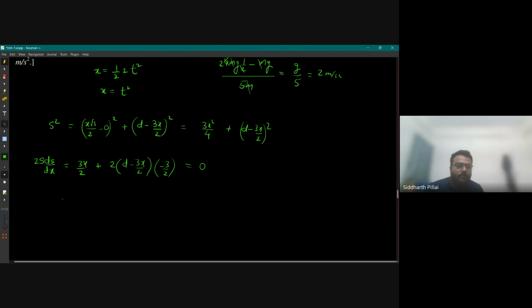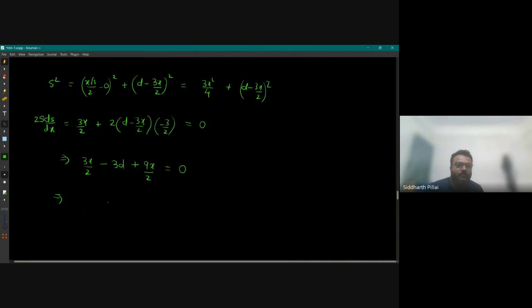Right? So this gives me 3x by 2 plus, sorry, this is minus now, minus 3d plus 9x by 2. Is it correct? Yeah, is equal to 0.